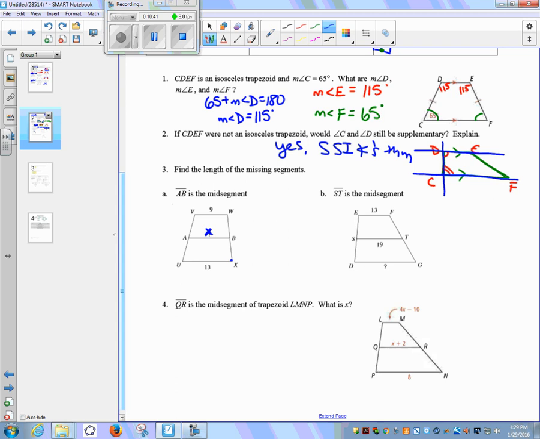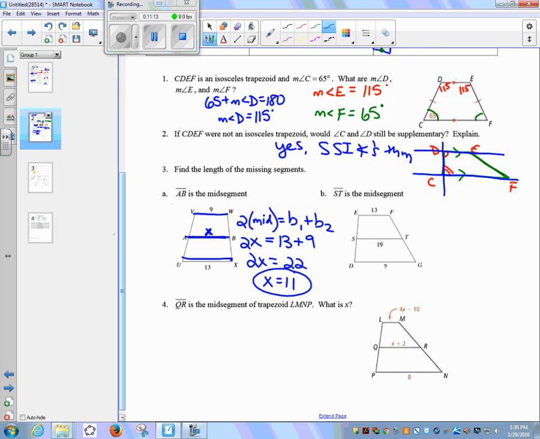So 2 times the midsegment, I'm calling x, equals base 1 plus base 2. So 2x equals 22 and x equals 11. Find the length of the missing segment. So we need to find AB, and that's just 11.